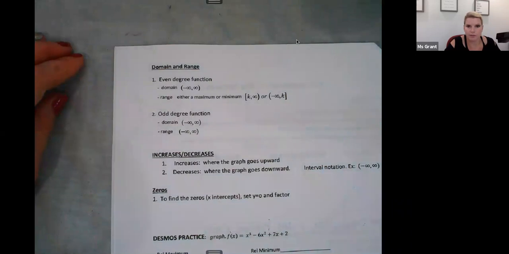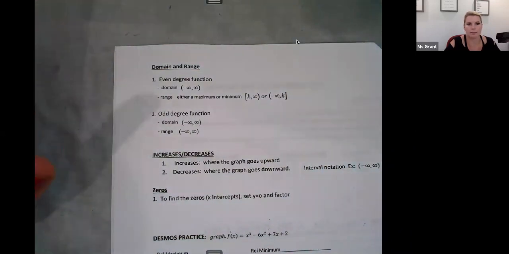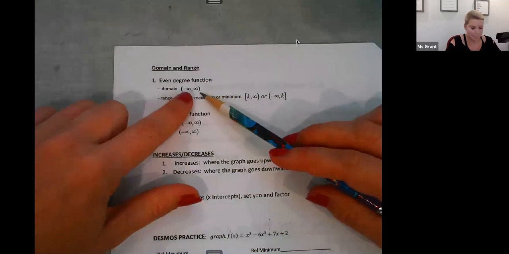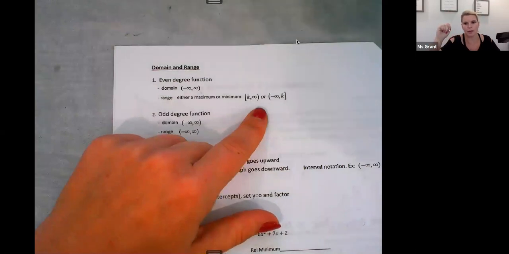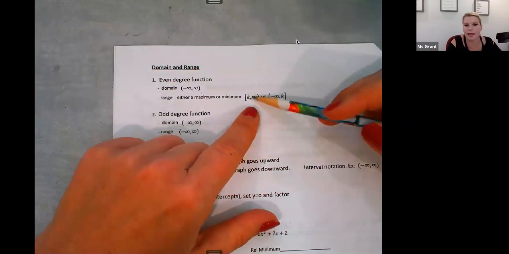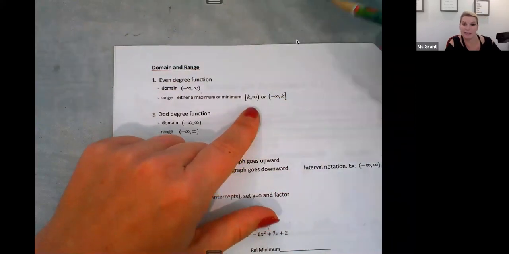If it's an even degree function, meaning it's a squared or to the 4th power or 6th power, I'm going to have a domain of all real numbers, but my range is going to depend on where my minimum or maximum is. Where's my high point? Where's my low point? That's where my range comes into play. So this K comes from a vertex of (h, k).